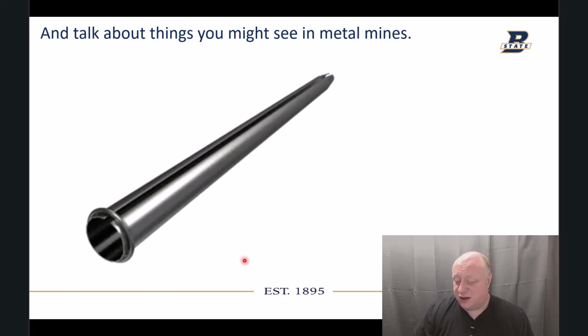It's kind of like the way we talk about Kleenexes, right? They're tissues, but we call them by the brand because everybody knows what it is. I've heard both friction bolts and split sets, but either way, that's what these are. You tend to see them more in metal mines.